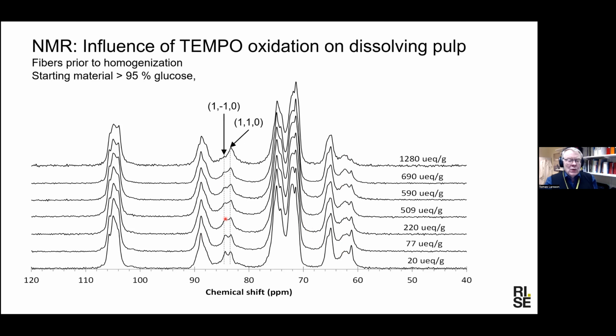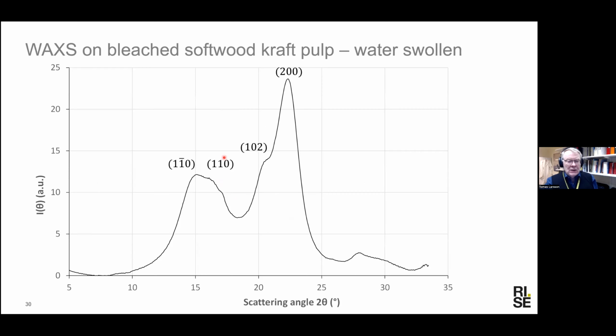But it's quite obviously so that you have an impact on the supramolecular structure. If you do this, it's not the same material as you started with. So chemical modification changes things as well.